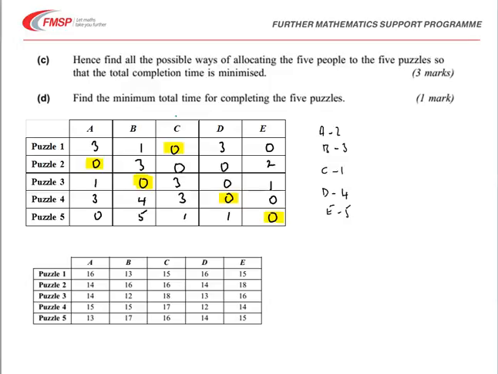It would be possible for A to do 5. We still have B doing 3, but then there is a choice.